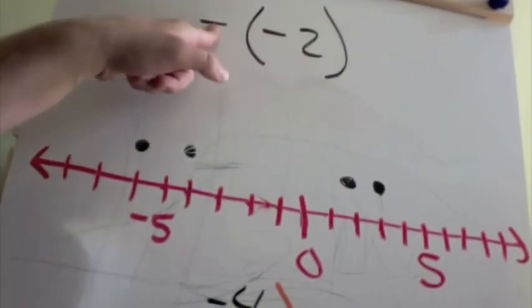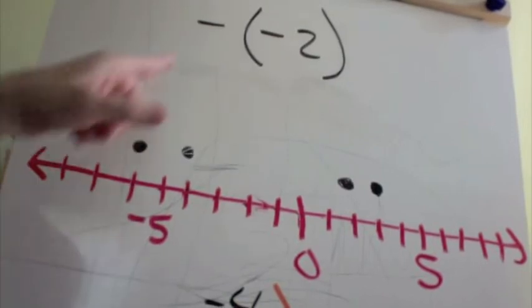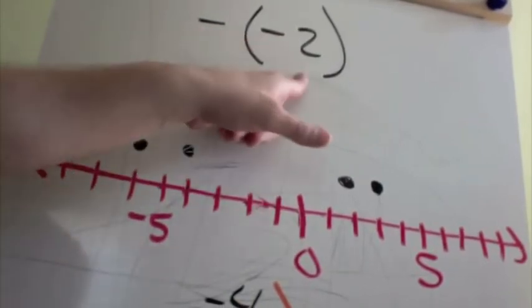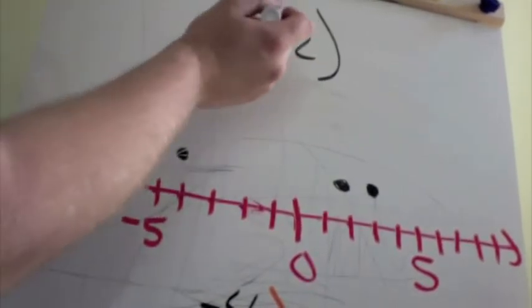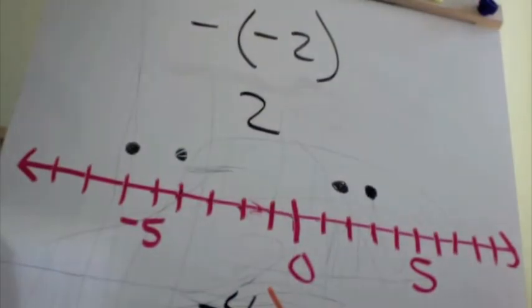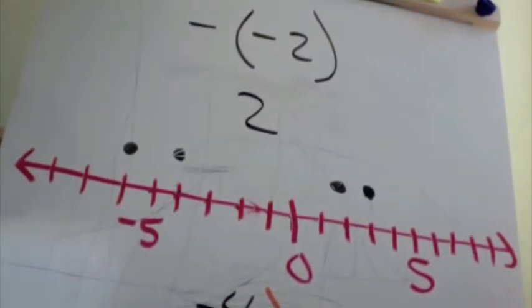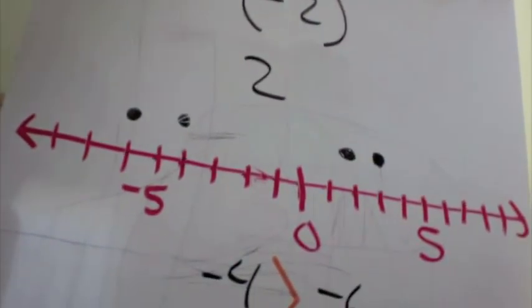Okay. But this other opposite out here says the opposite of that. So what's the opposite of owing $2? That would be having $2. So a negative and a negative end up canceling each other out. So we still end up with a 2. We are going to get into that in much greater detail in the next few videos.